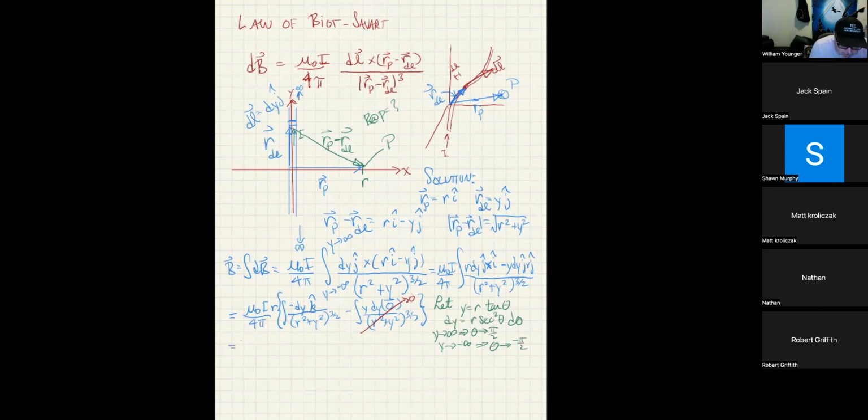So I'm going to say negative mu 0 I r k hat over 4 pi. Now the top becomes dy, which is r secant squared theta d theta, and the bottom becomes, I go ahead and factor out the common r squared that will be in both terms, 1 plus tangent squared theta, and all this to the 3/2 power.